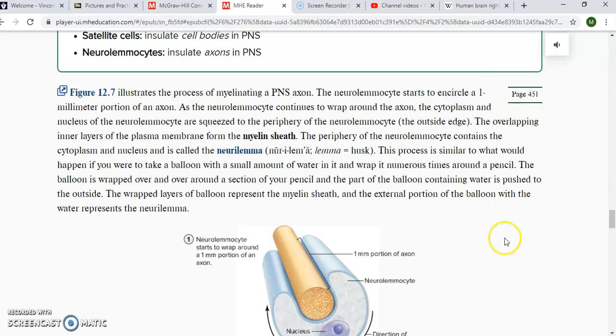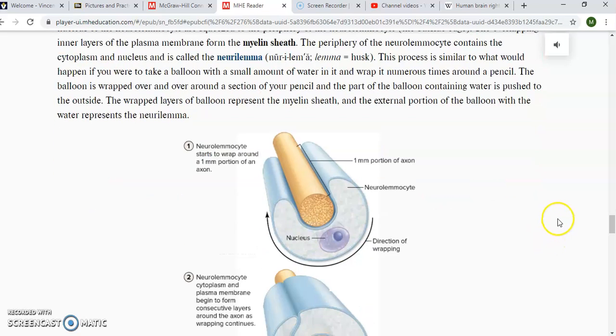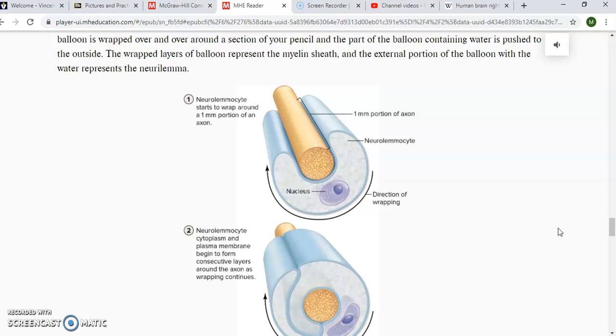Our objective is to understand the process of myelination. If we're talking about a neurolemmocyte, also called a Schwann cell, it has a nucleus, and here's our long axon, or at least a section of it.